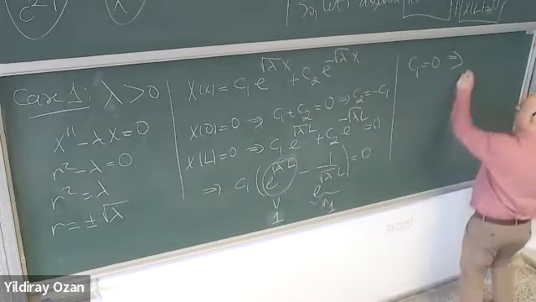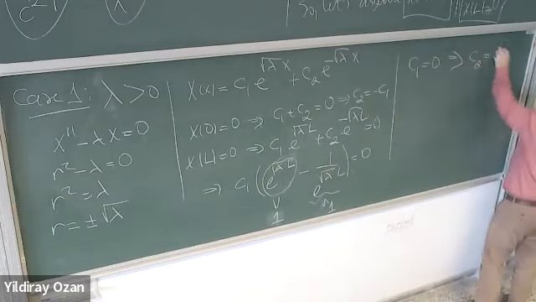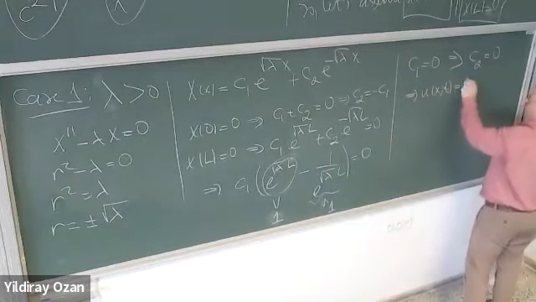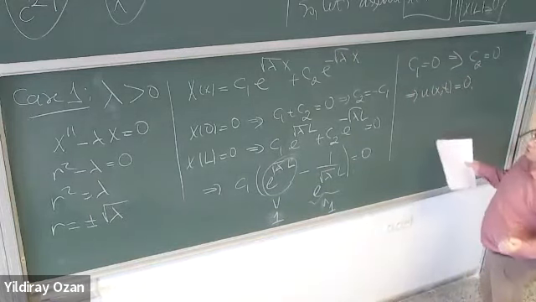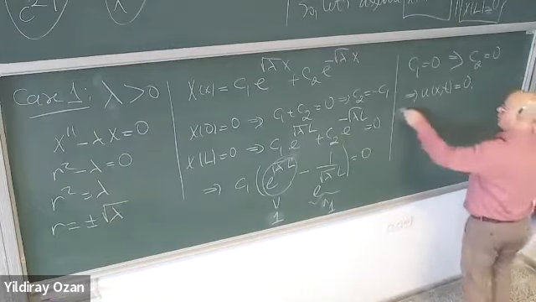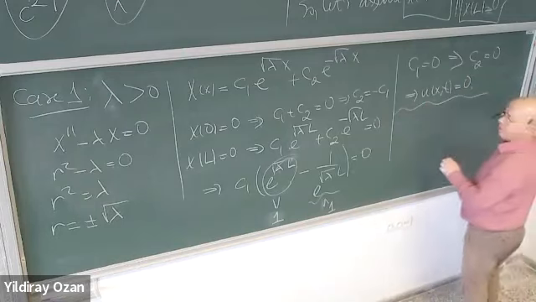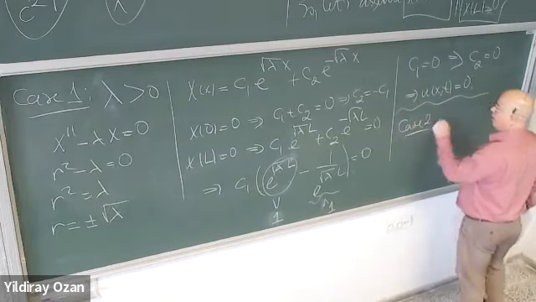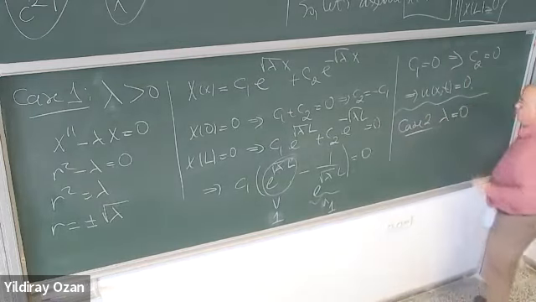And then, of course, this gives C2 equals 0. Therefore, u of x, t would be just 0. You get the 0 solution. So we just eliminate this. And then we pass to the case lambda is equal to 0.